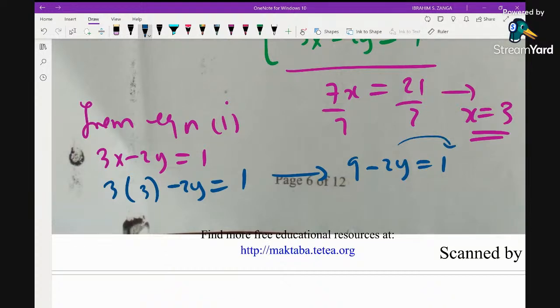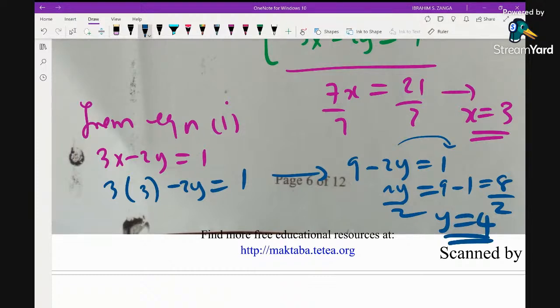Collect like terms, so 2y will be equal to 9 minus 1, which is 8. Divided by 2 by 2, y will be 4. Therefore, x is 3 and y is 4.